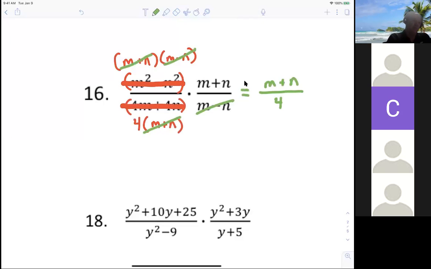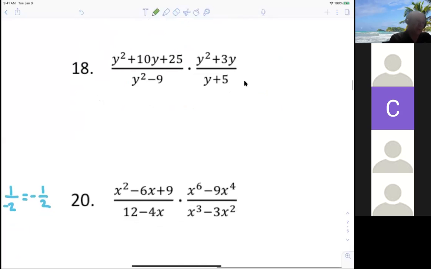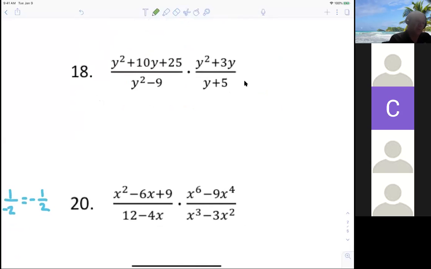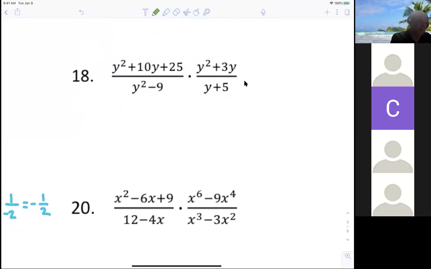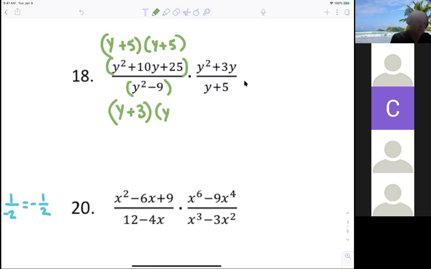All right, here we go. Number 18. Now, in number 18, we're just doing a bunch of factoring. Y plus 5, y plus 5. This one, y plus 3, y minus 3.